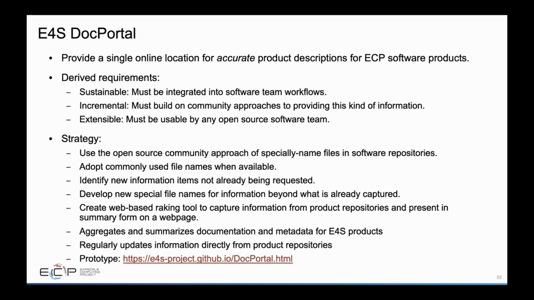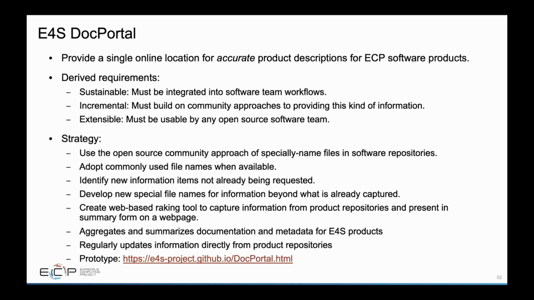So we also have a doc portal. This is a project that aims to provide a single online location for accurate product descriptions. Now we realize that we can put up a web page, and very soon it will have a list of packages that provide some input, but you need to constantly update that. And we realize that the most current information for some of these open source packages resides in their own GitHub websites. So we scrape these websites and pull in the latest information.